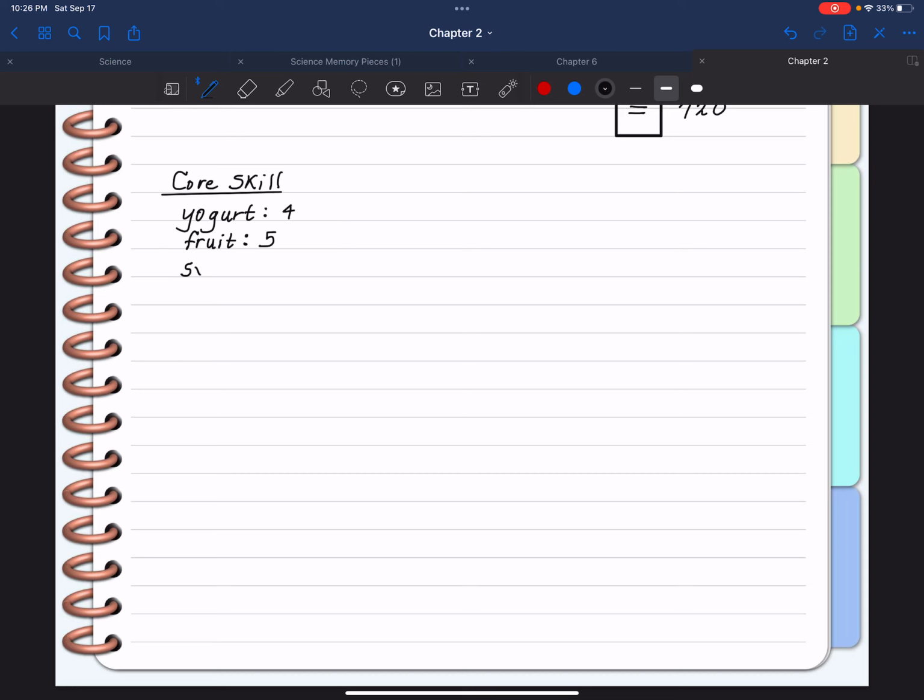And then the type of syrup that you can choose, there are 4. Caramel, marshmallow, hot fudge, and peanut butter. To get the number of choices, you just multiply 4 times 5 times 4. So 4 5s are 20, and 20 times 4 is 80. So you have 80 possible combinations.